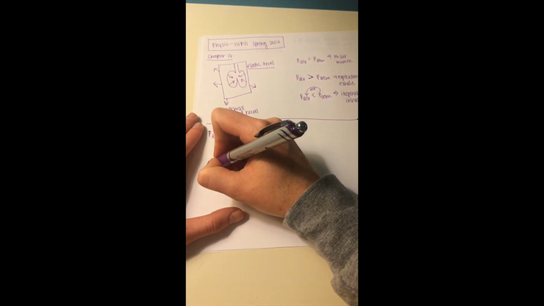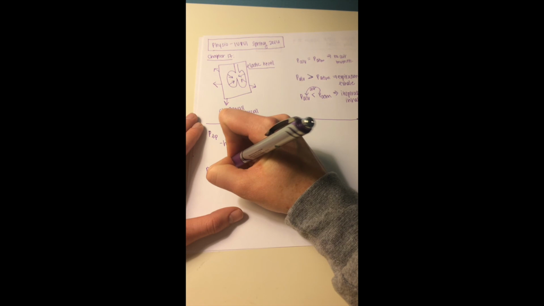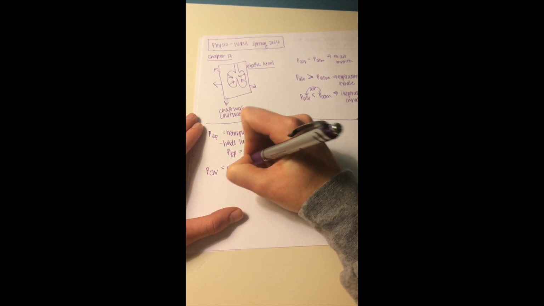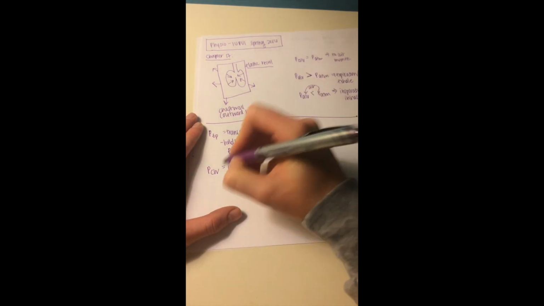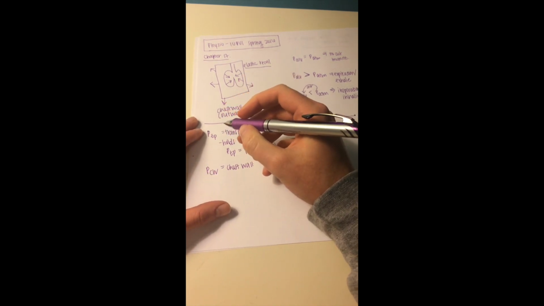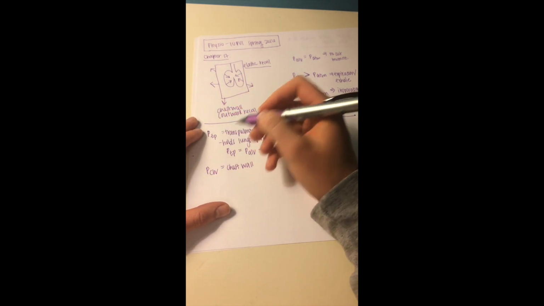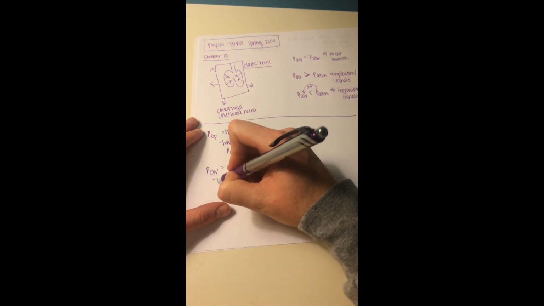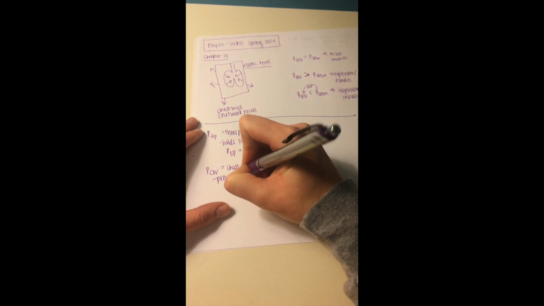So then your chest wall pressure is going to be abbreviated like this. And remember your chest wall has recoil outward, so it is opposing the elastic recoil of the chest wall, and it prevents excessive expansion.